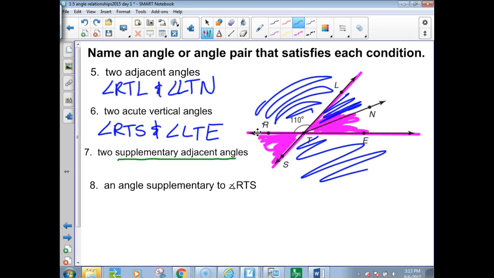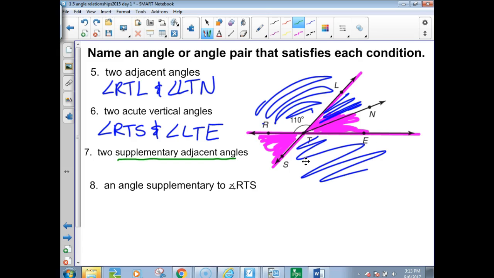Okay, RTE, this is great. I like that we're saying because I'm finding out some misconceptions. Okay, RTE is a straight angle. It's 180 degrees. So she's right about the total being 180 on that. But I want to name 2 angles that make a straight line. I got to put them together.